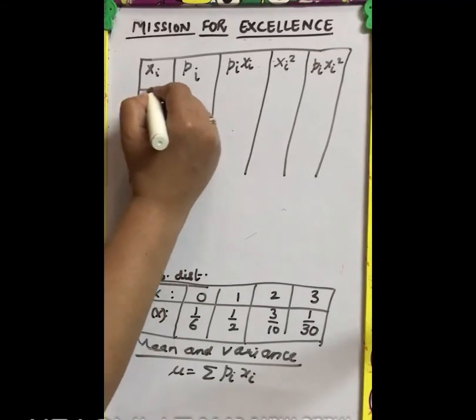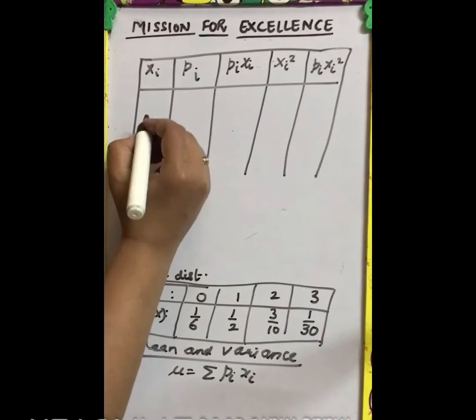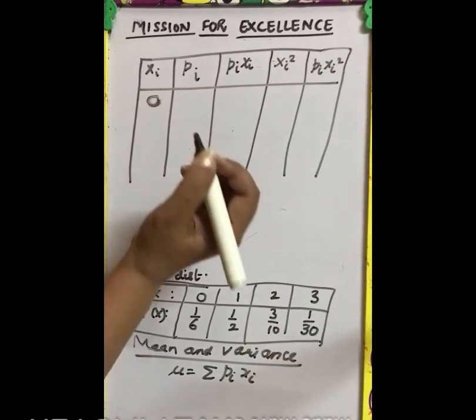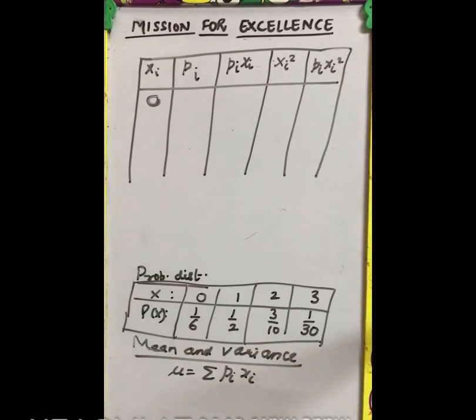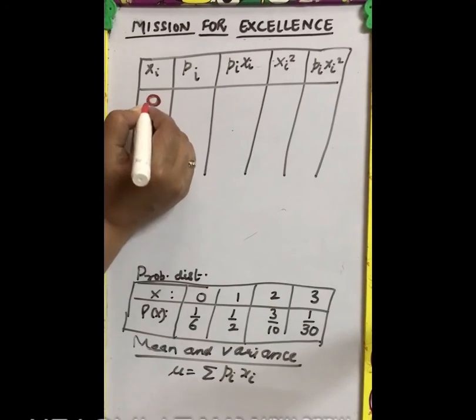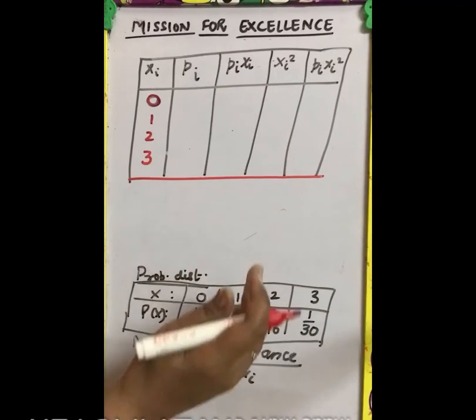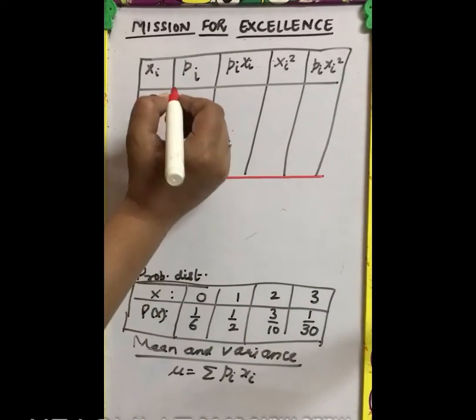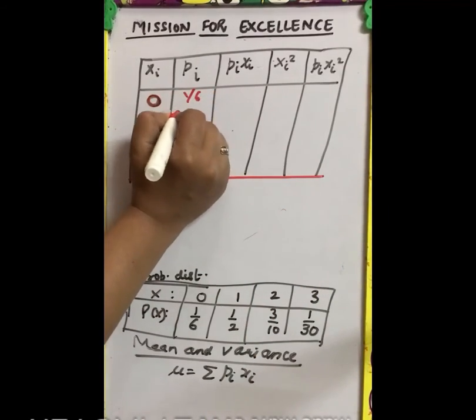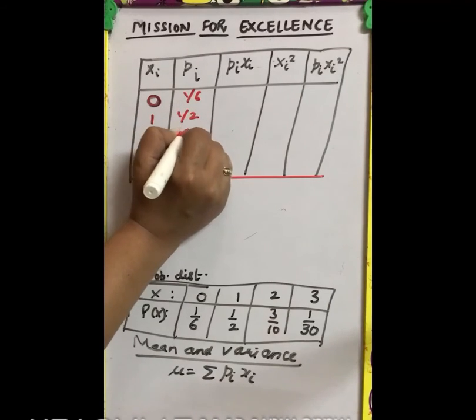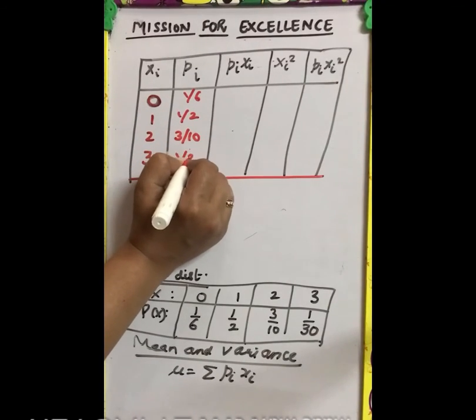These are the columns of the table. Value of x is 0, 1, 2 and 3. And the corresponding probabilities are 1 by 6, 1 by 2, 3 by 10, 1 by 30.